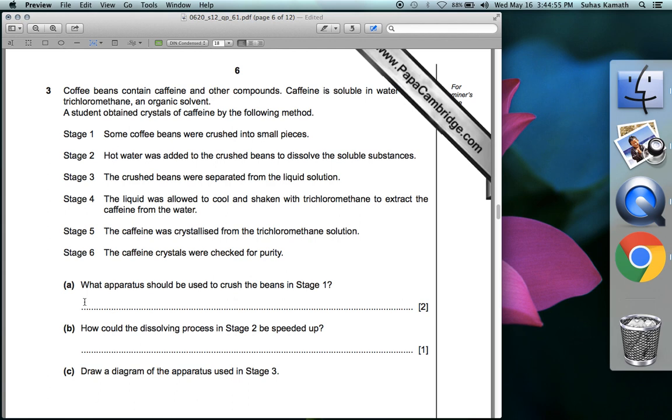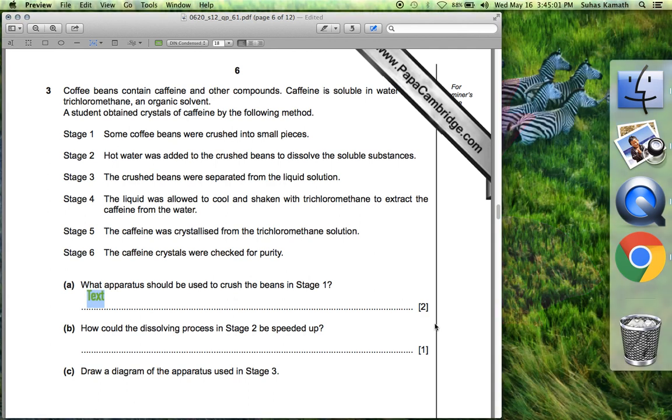What apparatus can be used to crush the beans in stage 1? Of course, pestle and mortar. How could the dissolving process in stage 2 be speeded up?